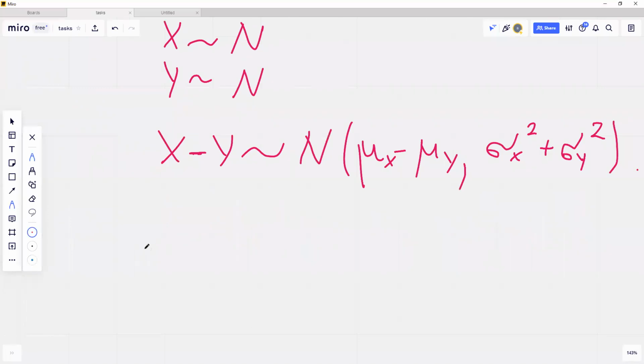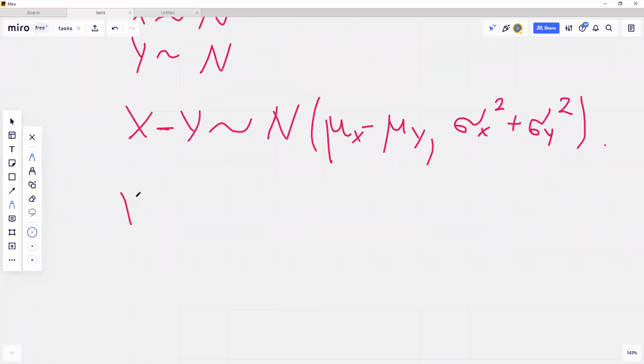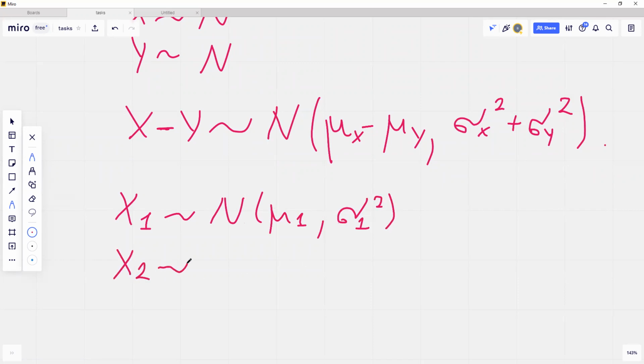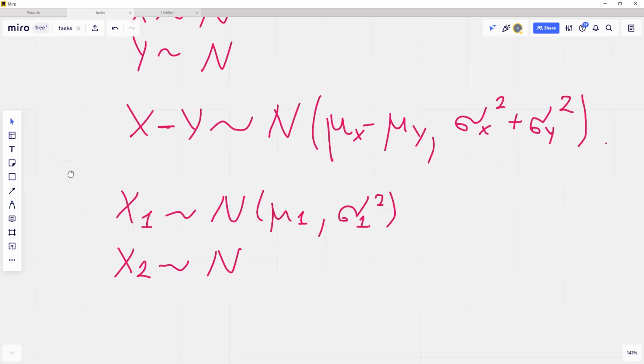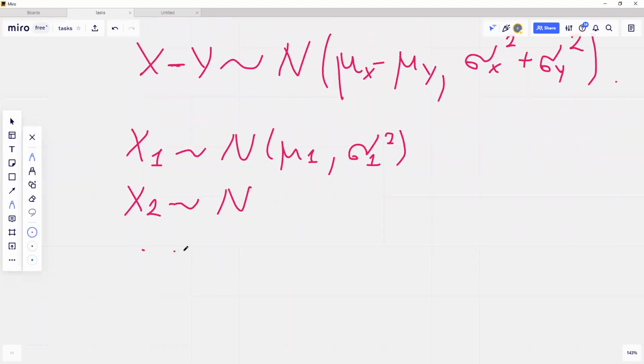Let's write it in the following way. Let's assume we have X1 that follows a normal distribution with mu 1 and sigma 1 squared, and X2 which follows a normal distribution and so on, up to Xn.